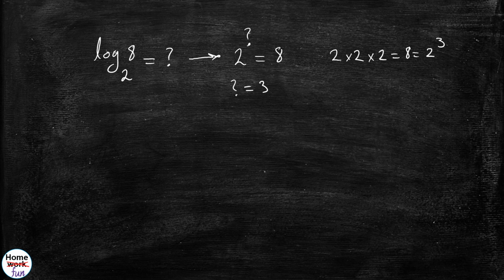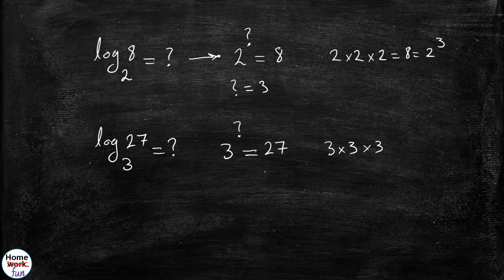Let's see another example. Log of 27 with the base 3 equals what? Again, we use the definition of the log and say the base of the log, 3, to the power of the answer of the log, question mark, must equal what's in front of the log, 27. All right, let's see. 3 times 3, that's 9. 9 times 3, that's 27.